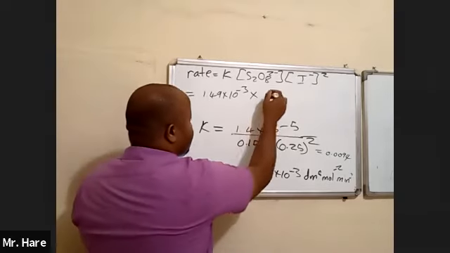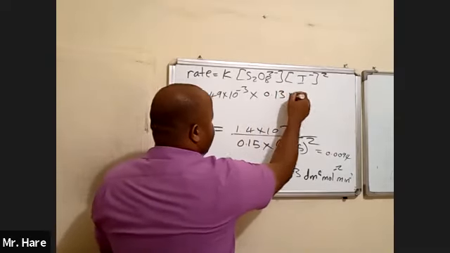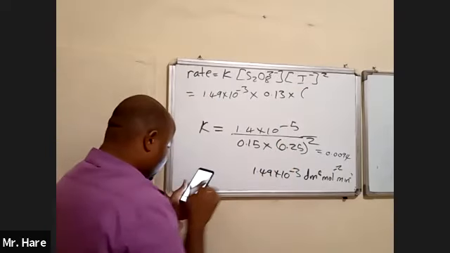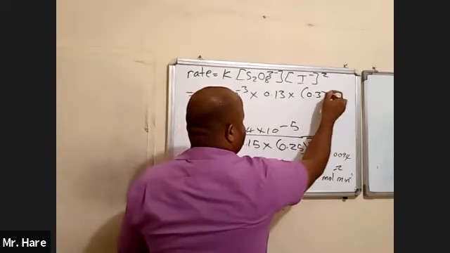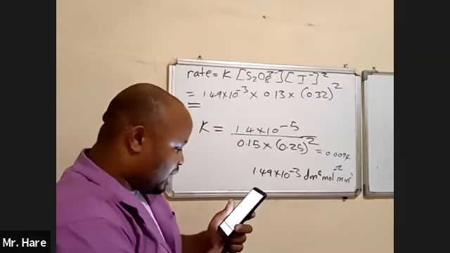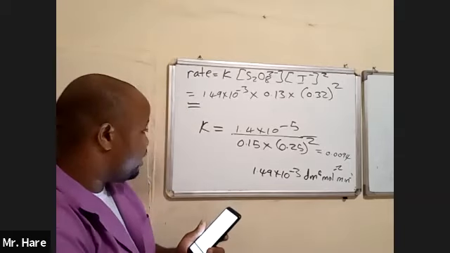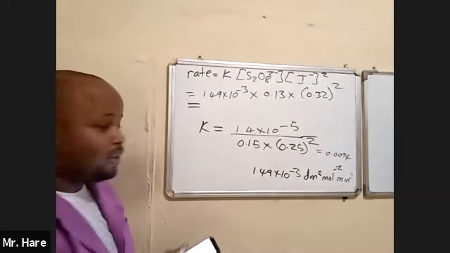S2O8 is 0.13 and I minus is 0.32 squared. Sir, what are we calculating here? The question said, calculate the initial rate of the reaction. Let me write it on the board.